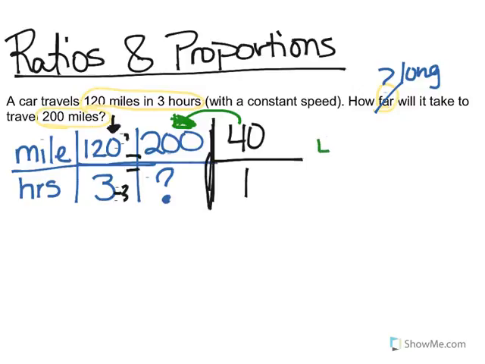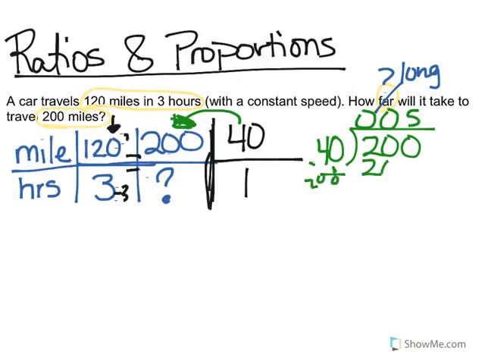If I don't know that on hand, I can divide to find out. 40 cannot go into 2, can't go into 20, but I know if I multiply by 5, I would get 200. So I multiply by 5.